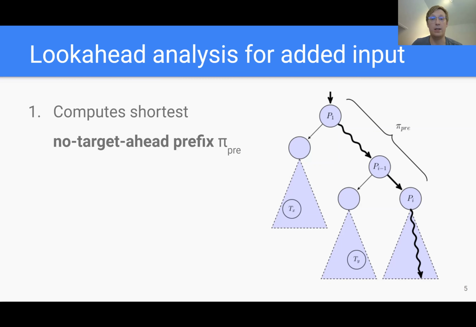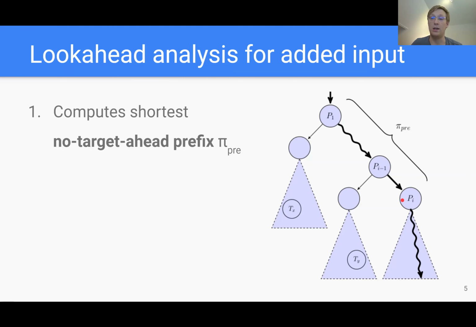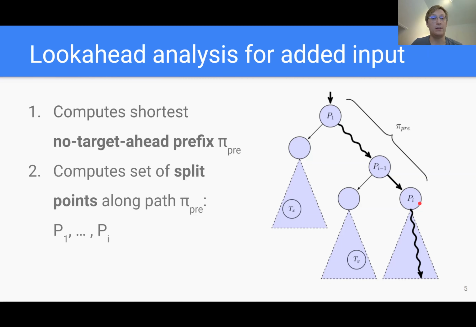In this case, this is the path pi pre, since once you reach the program point pi, the so-called split point, all paths that follow the prefix are not able to reach any target locations. The analysis also computes a set of so-called split points along this prefix, namely P1 to Pi.